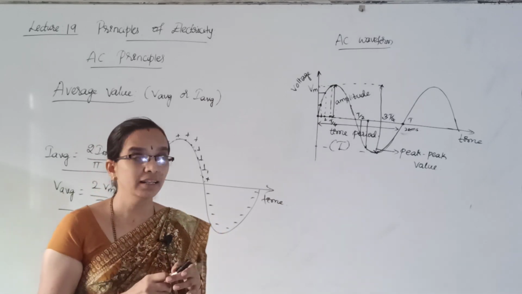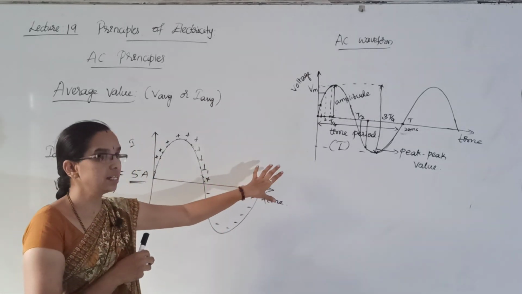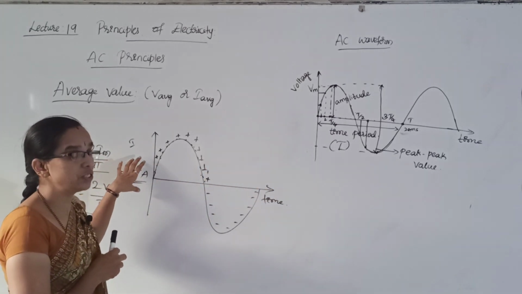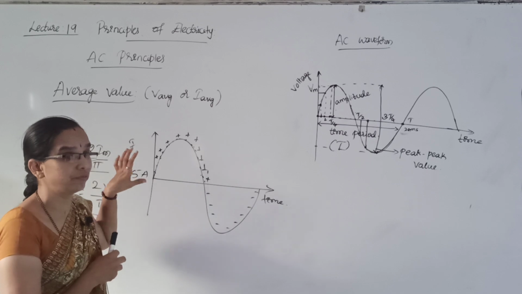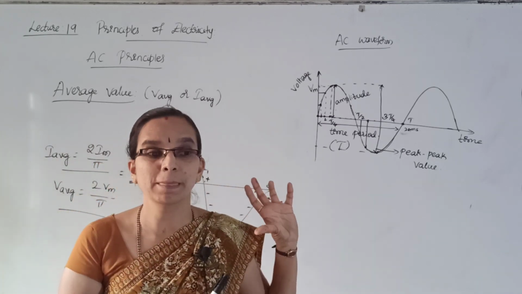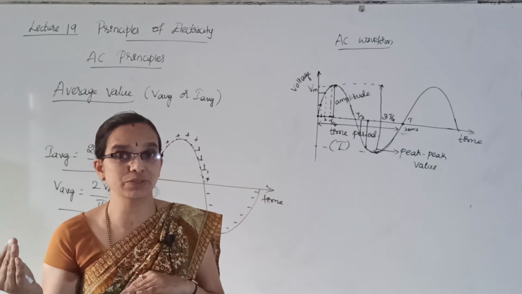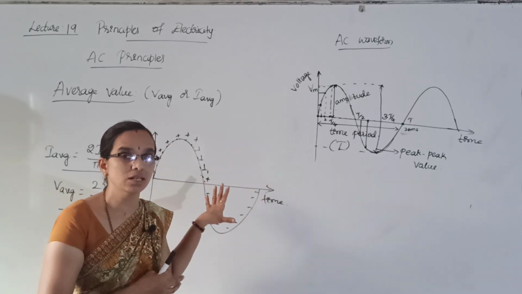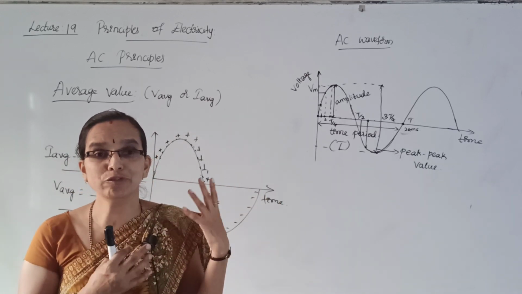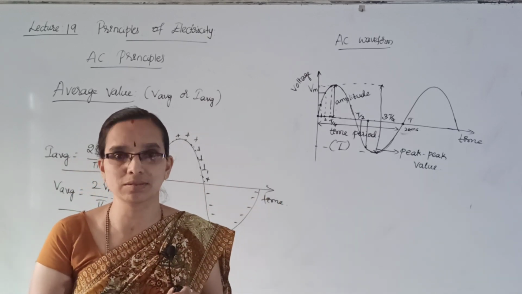If you connect an AC current source whose average value of current is 5 amperes, the amount of charges transferred from this AC source will be equal to that from a 5 amperes DC source.